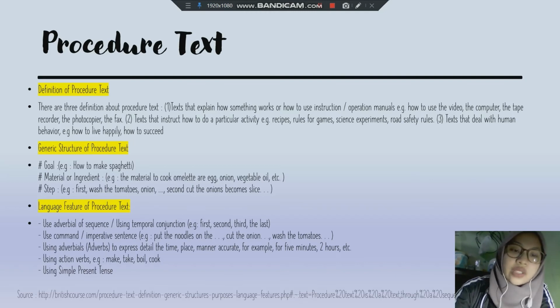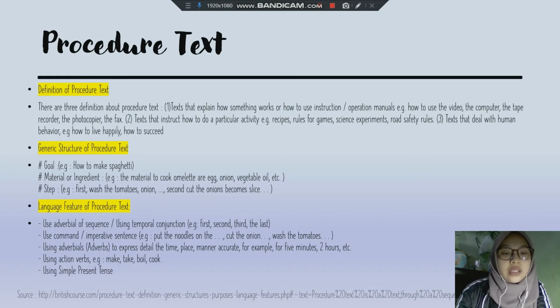3. Language features of procedure text. First, use adverbial of sequence or temporal conjunction, like first, second, third, last. 2. Using command or imperative sentences, like put the noodles on the plate, cut the onion, wash the tomato. 3.